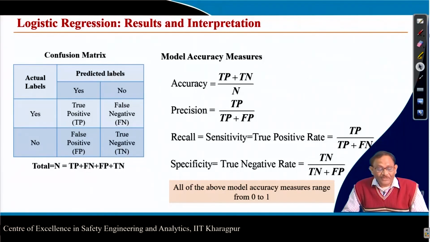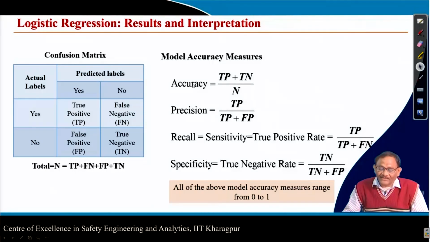Using these values you can create several accuracy measures like accuracy, that means true positive plus true negative by total, precision, true positive by true positive plus false positive, recall equal to sensitivity equal to true positive rate, means true positive by true positive plus false negative, and specificity, true negative rate, true negative by true negative plus false positive. So, these are the formulas I have taken from the literature. If there is any mistake, please correct me in the discussion forum.